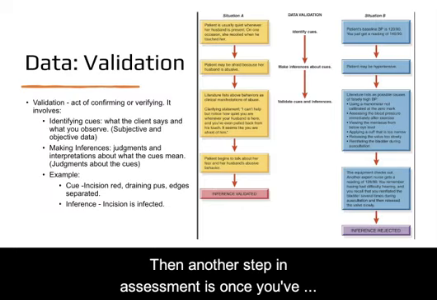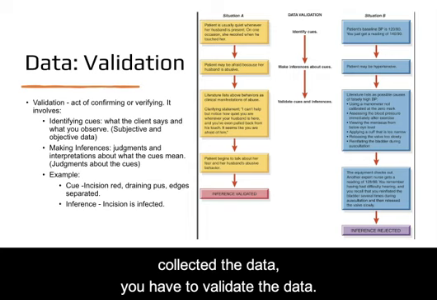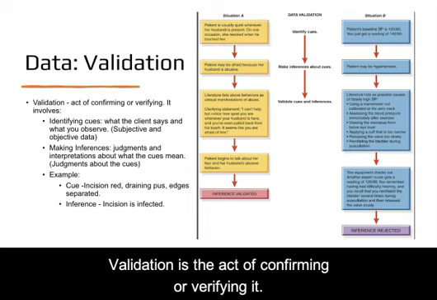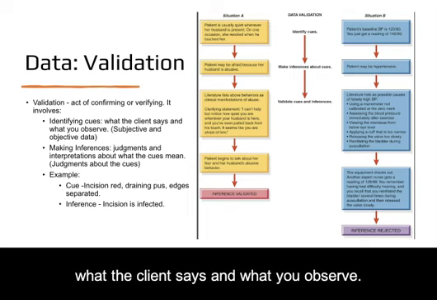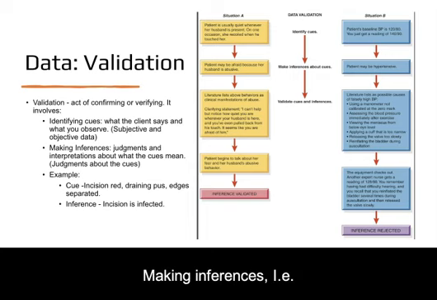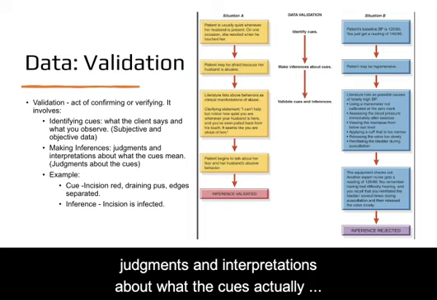All of these are objective data. Then another step in assessment is once you've collected the data, you have to validate the data. Validation is the act of confirming or verifying it, and it involves identifying the cues, what the client says and what you observe, making inferences, that is, judgments and interpretations about what the cues actually mean.